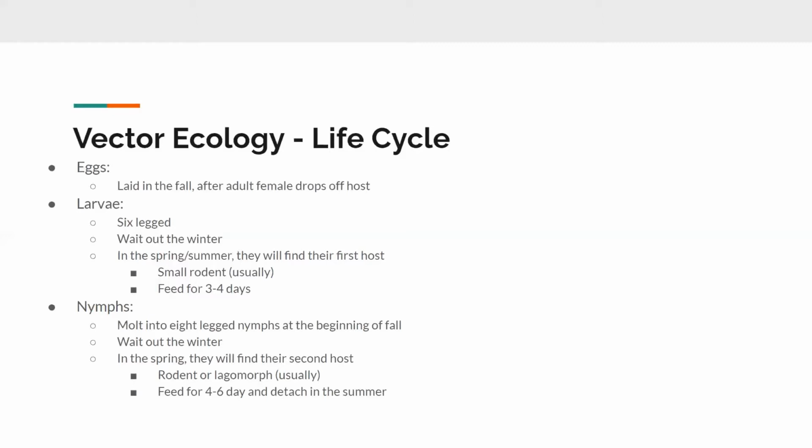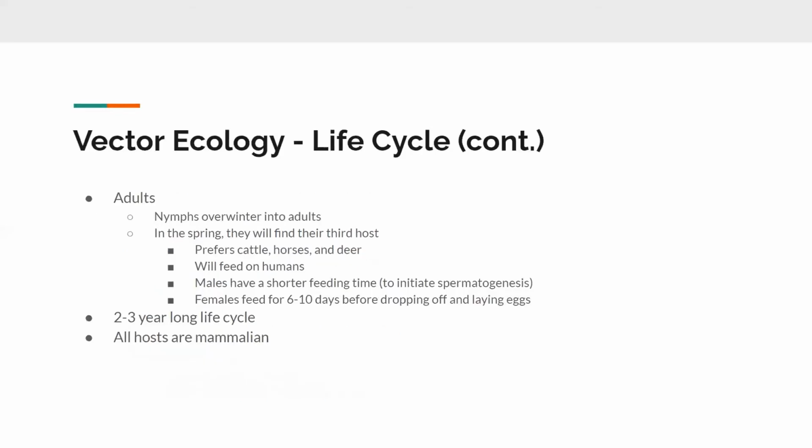Actually, nymphs quest about 0 to 5 inches off the ground, and they don't go any higher than that. So those small mammals are going to be the key hosts for them. They feed for about 4 to 6 days. Then they detach, where they overwinter into adults. And the transition takes about 15 to 25 days to adulthood.